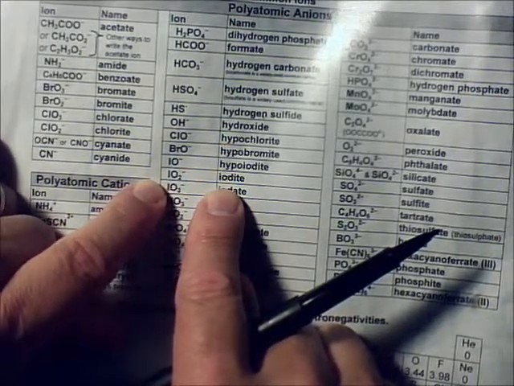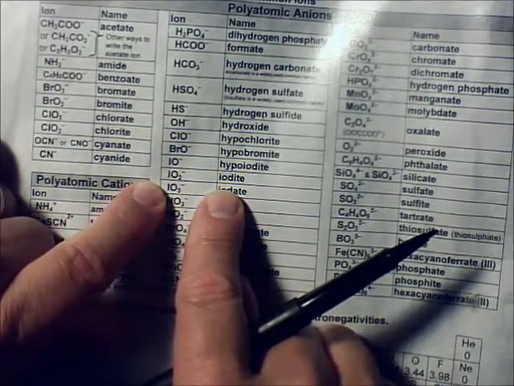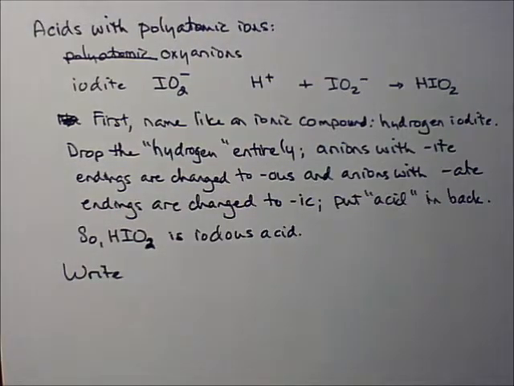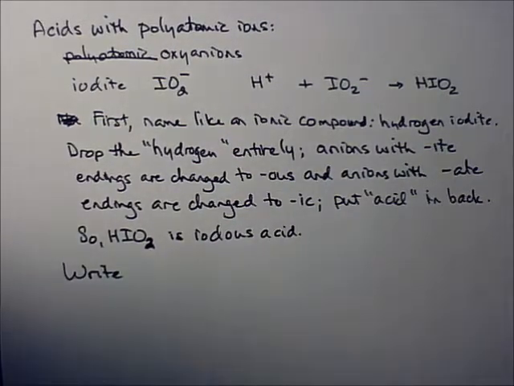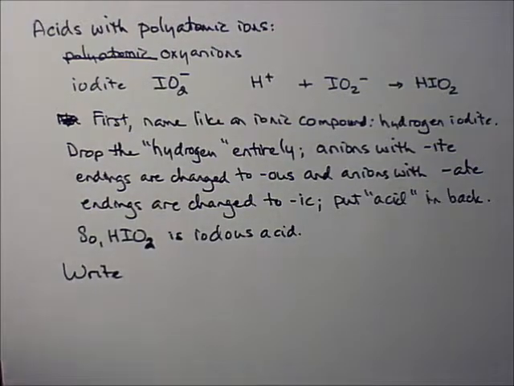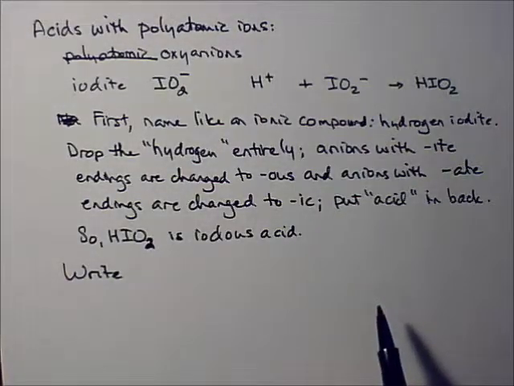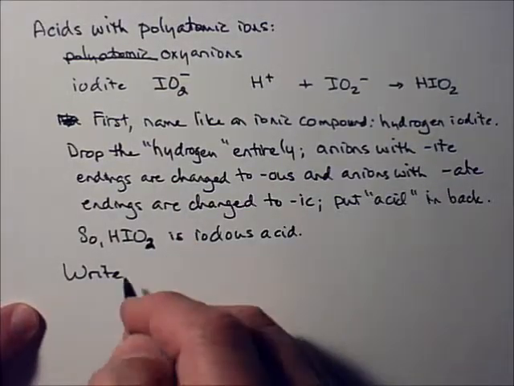I put as many hydrogen ions on the front as I need. The formula is HIO2. If it has an IC ending, like iodic acid instead of iodous acid, the polyatomic ion originally had an ATE ending. So I look for iodate, and put enough hydrogens on there to balance it out. Alright, so we're going to write formulas.